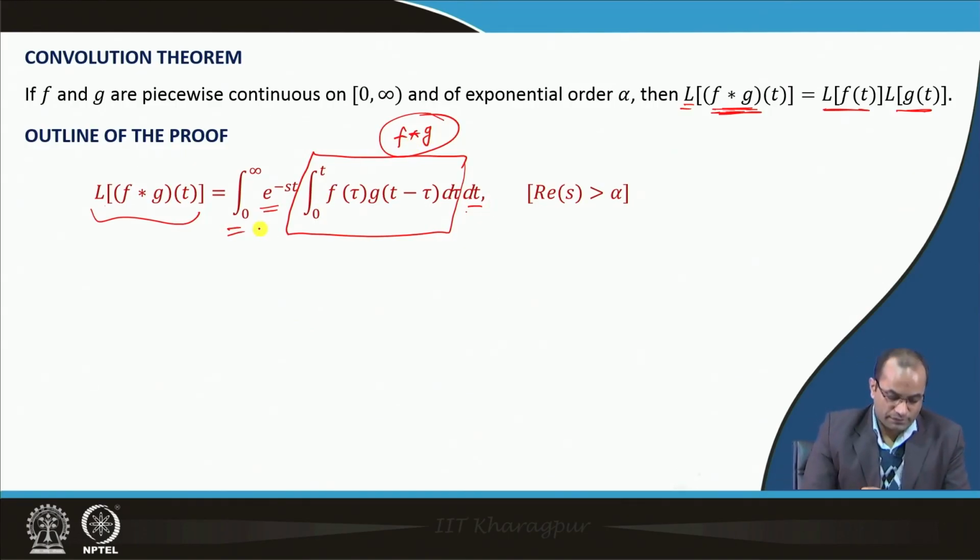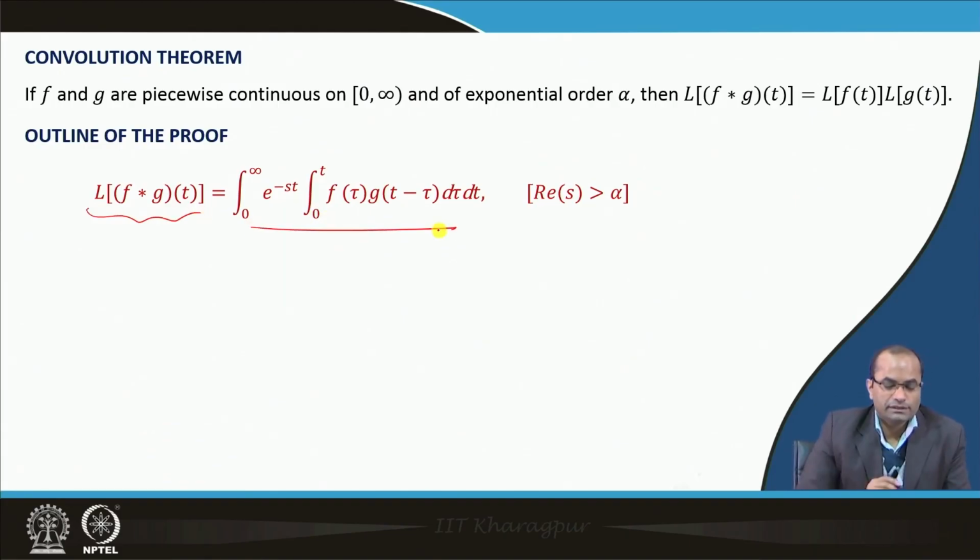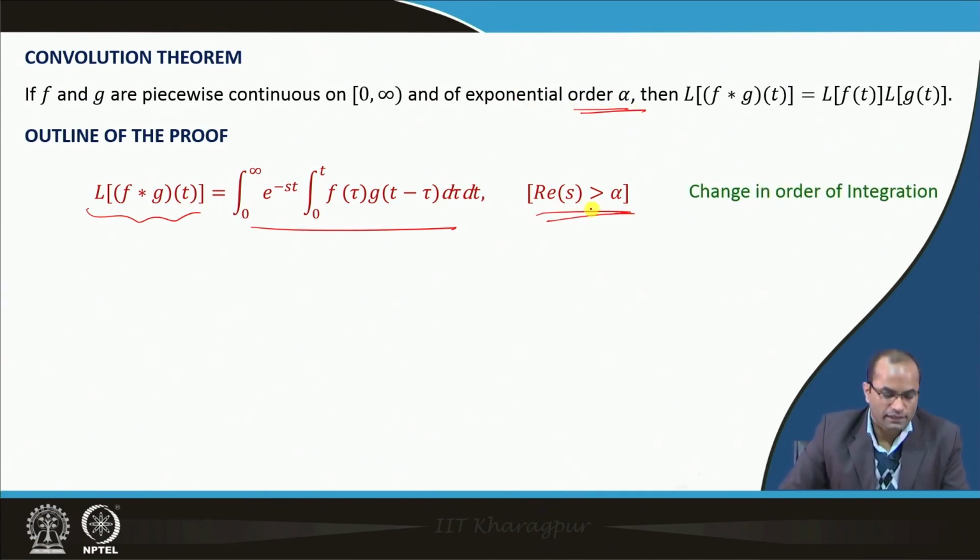It is given that f and g are of exponential order alpha, so naturally this will exist for all real s greater than alpha. And now, we change the order of integration here.